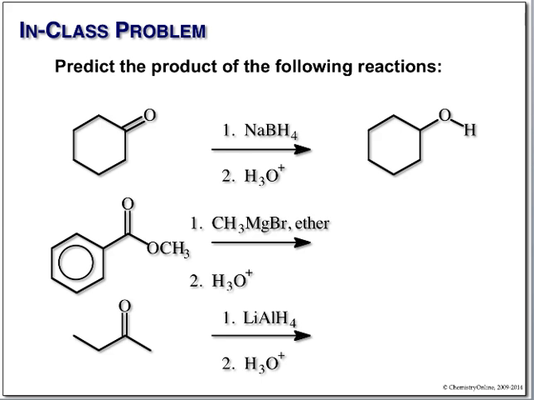Our next reaction we've done several times now. This is an ester reacting with a Grignard. We know we're going to add 2 moles of Grignard to it. We're going to get rid of our methoxy and never ever see it again. The carbonyl is going to be an OH, and we're going to have 2 methyl groups attached.